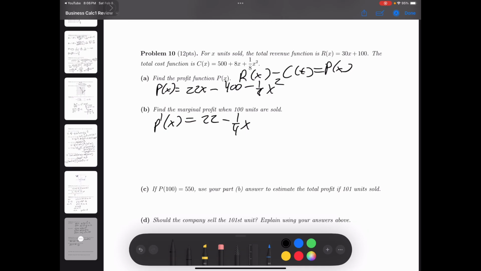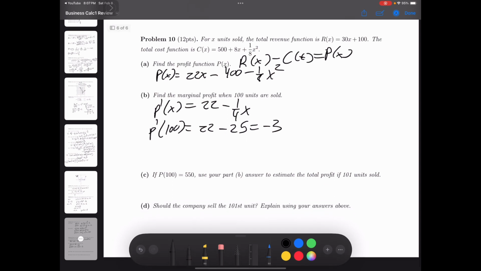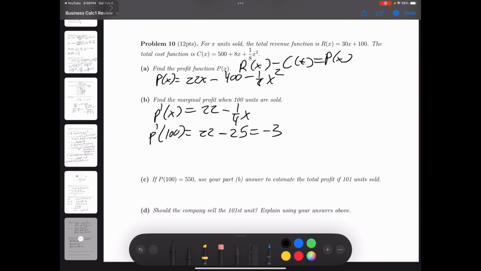If I plug x equals 100 in, P prime at 100, I'm just going to get 22 minus 1/4 times 100 is 25, which is negative 3. And so we see that our marginal profit is negative 3, which means our profit is reducing as we go above 100, which is interesting.